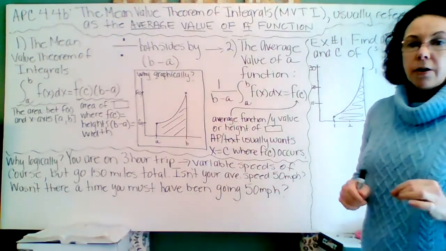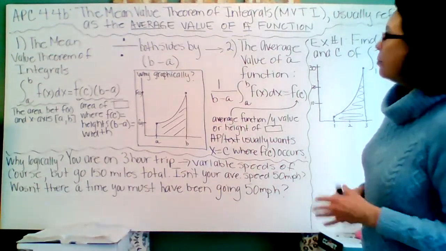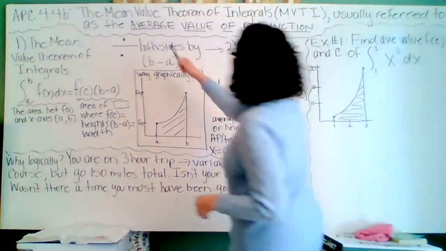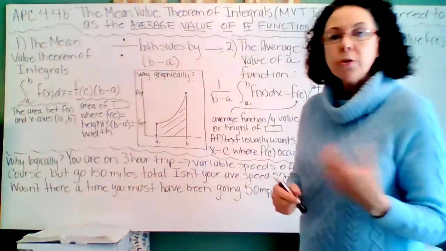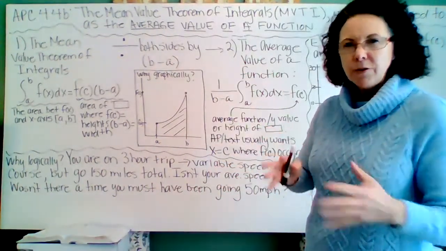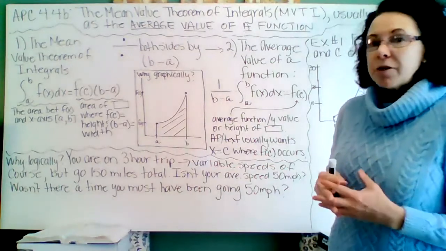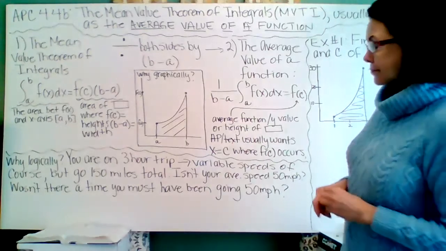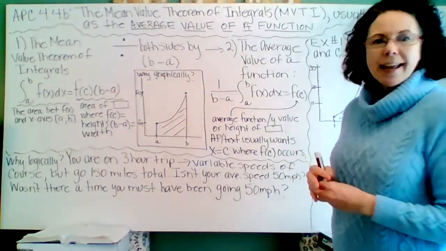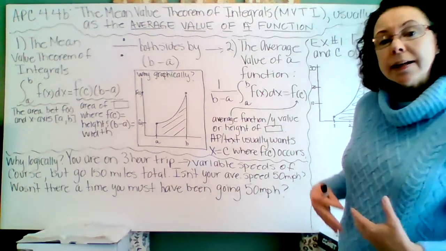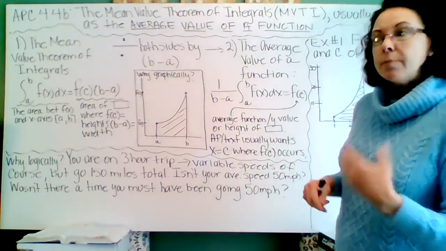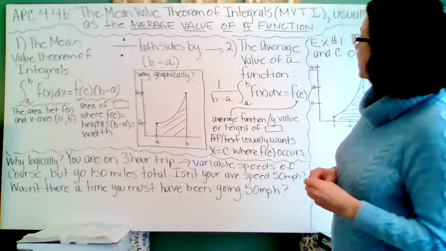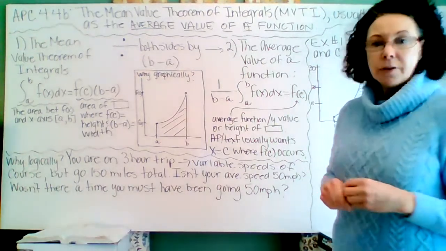They actually are the same, but the important thing is that in the real world, the average value of a function, so notice that's a y value, is very useful. You will see problems on the AP exam where they give you a function in a story, maybe a velocity, and ask what's the average value of the velocity.